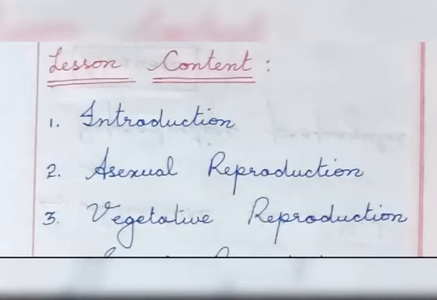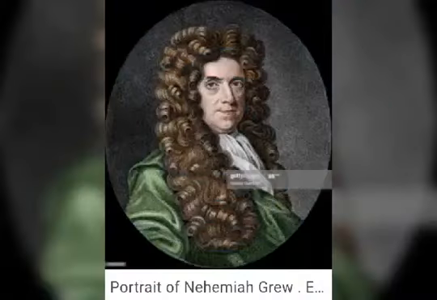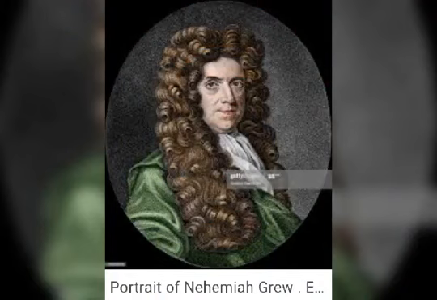So before going into the lesson, let's see a few of our scientists, a few of the embryologists who have marked their era in the discovery of things. The first comes Nehemiah Grew. He was the one who mentioned stamen as the male organ of a flower. The next person is R.J. Camerarius.